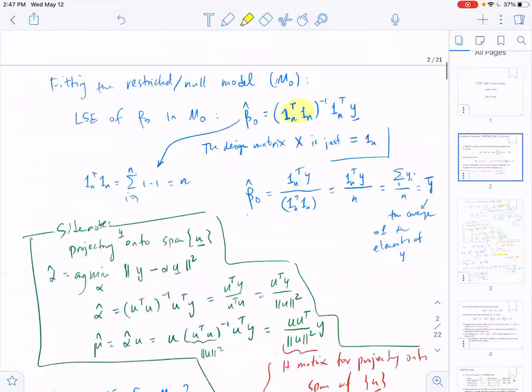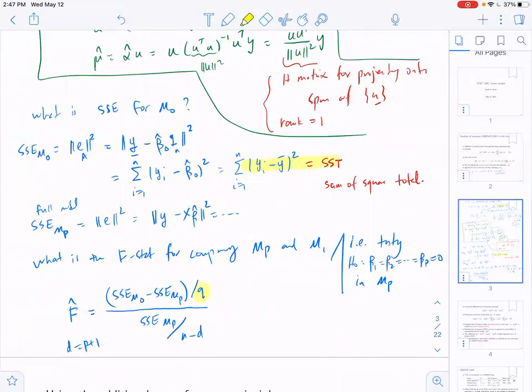That's true, but what is Q here? That's the number of independent constraints that we're putting to get from MP to, sorry, M0. How many independent constraints do we have?